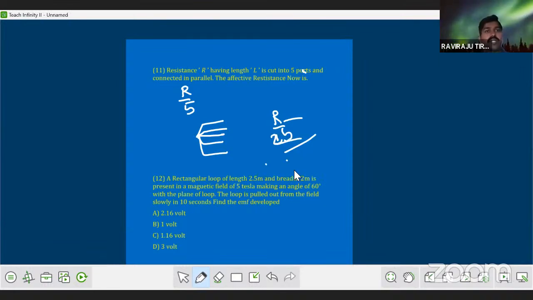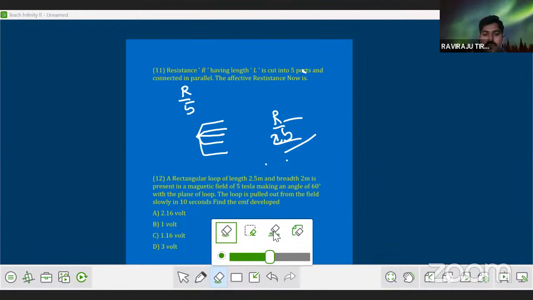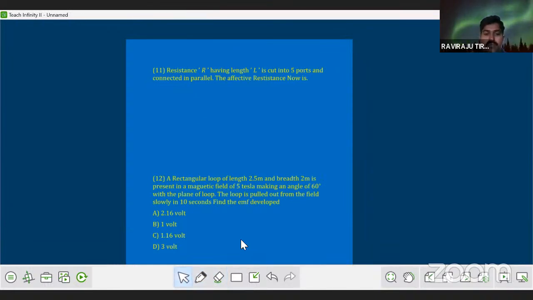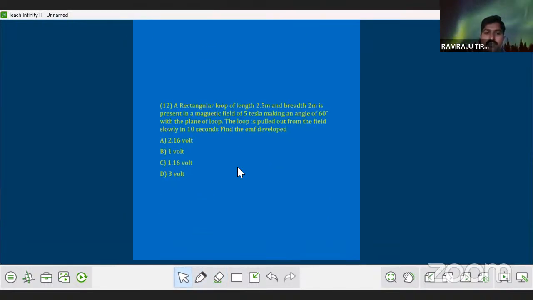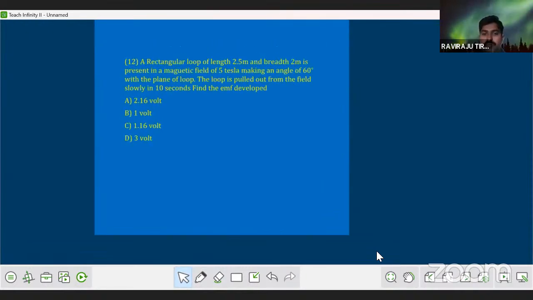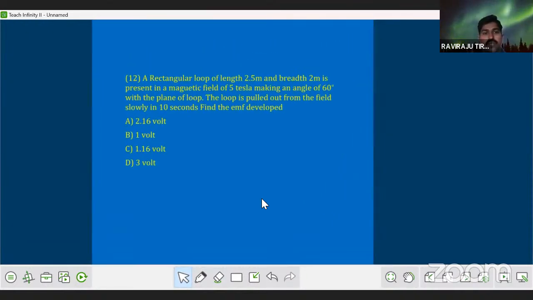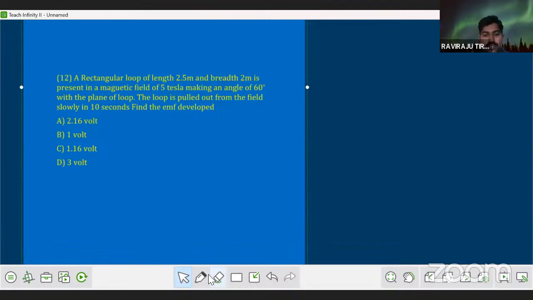Very simple question, this one also, simply based on a small formula. And see the next question. All of you just read the question, I will explain.